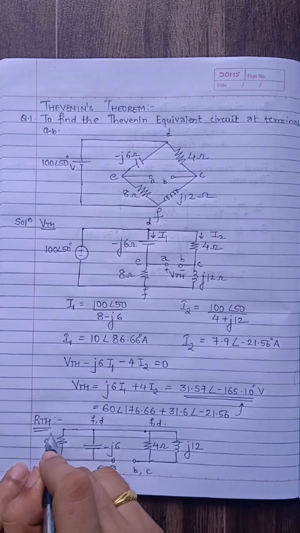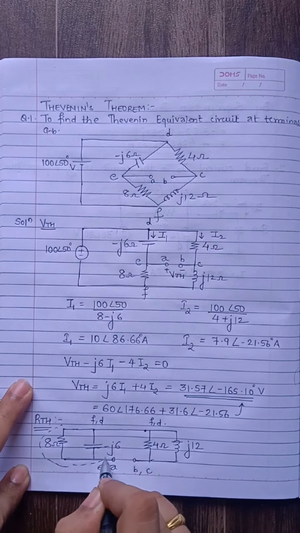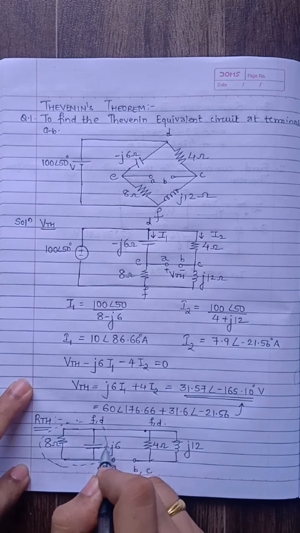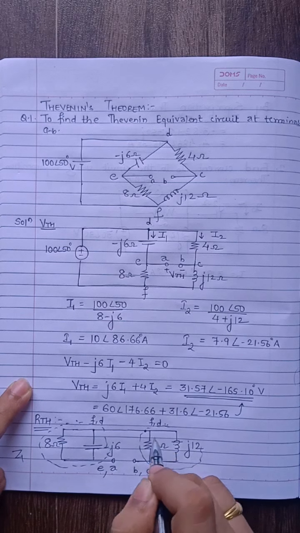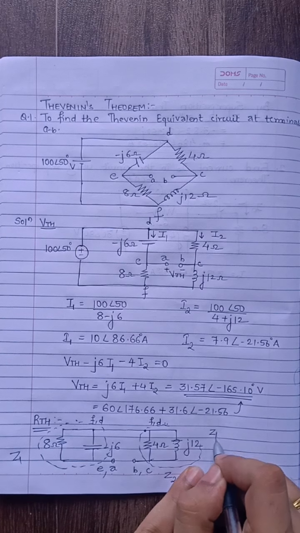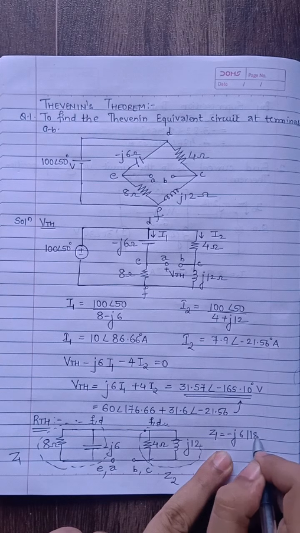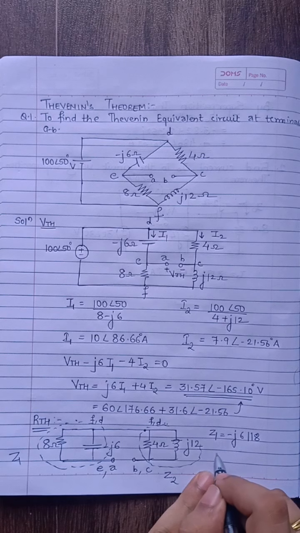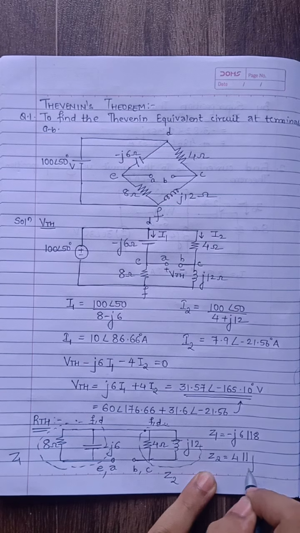Now the equivalent of the parallel combination of these two, I'll call it Z1, and the parallel combination of these I'll call Z2. So my Z1 will be minus J6 in parallel with 8 and my Z2 will be 4 in parallel with J12.